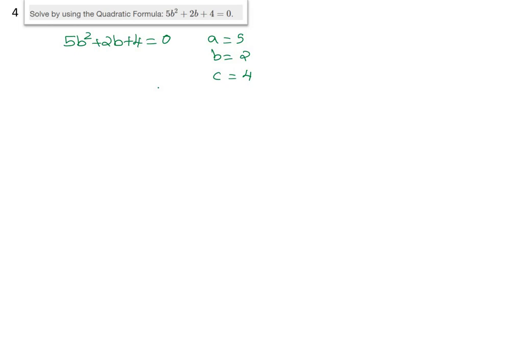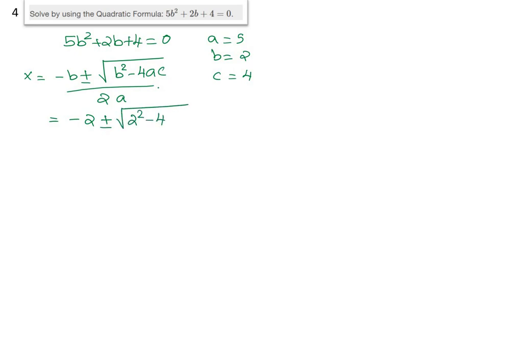So what is x? x equal to negative b plus or minus the square root of b square minus 4ac divided by 2a. Plug in the values. b is equal to 2. So negative 2 plus or minus the square root of 2 square minus 4 times 5 times 4, divided by 2 times a, which is 5.